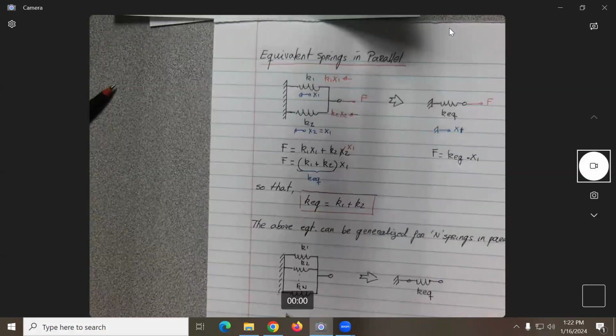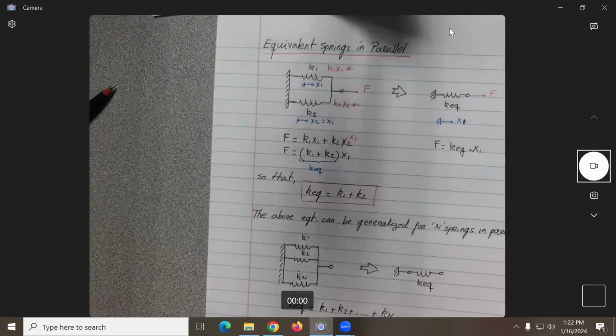So let's say K equivalent will be equal to K1 plus K2, all the way to Kn, no?